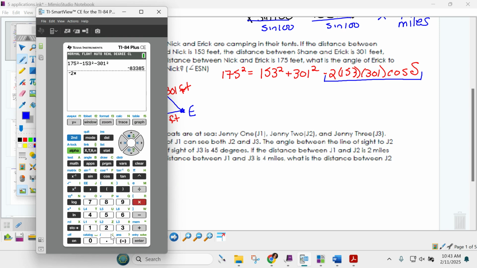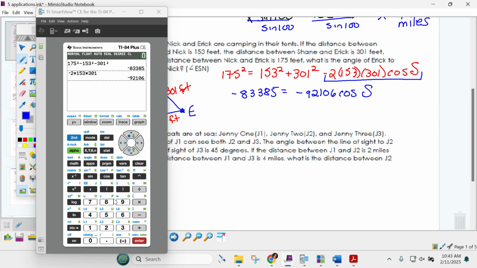I am going to multiply the coefficient on the cosine together. All right, so this is negative 83,385, negative 92.6 cosine S.